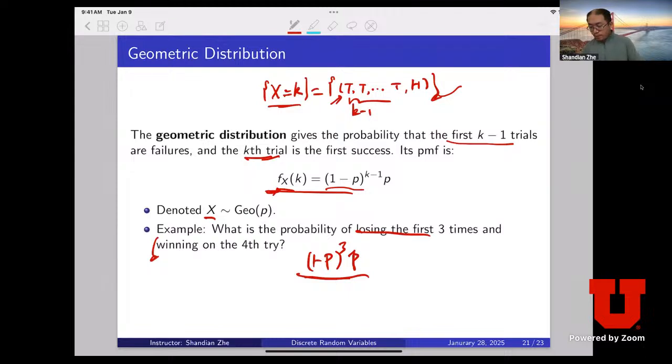That is, in this sequence, the first k minus 1 trials are all failures. Only the last trial, namely the kth trial, is the success.